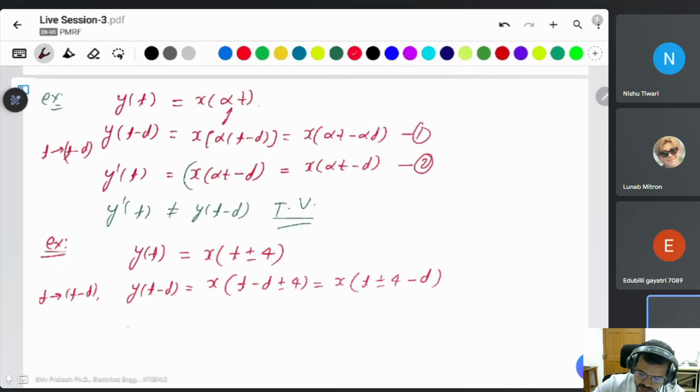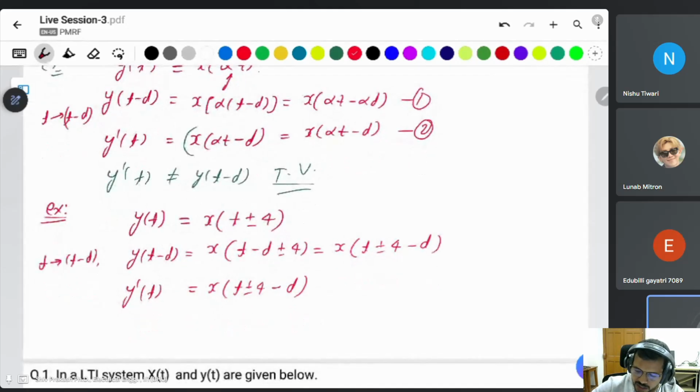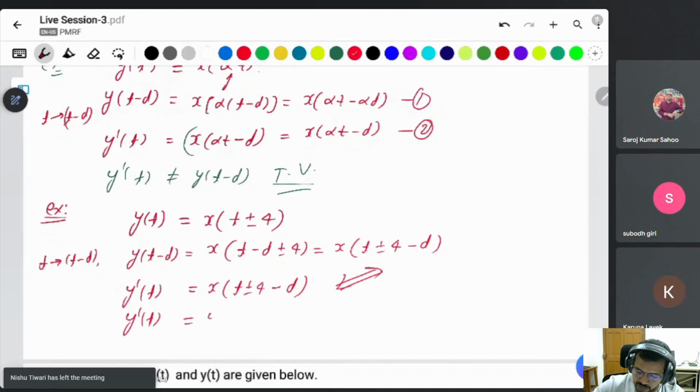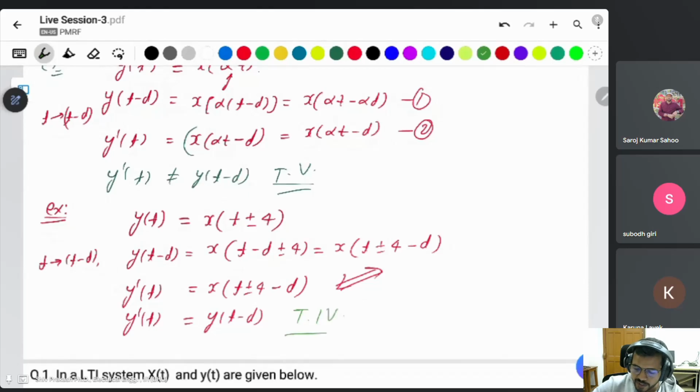Second, y dash t is equal to x(t plus or minus 4 minus d), providing the delay to the whole input. Then you can see both are the same. y dash t equals y(t minus d). In this condition you can say the system is a time invariant system.